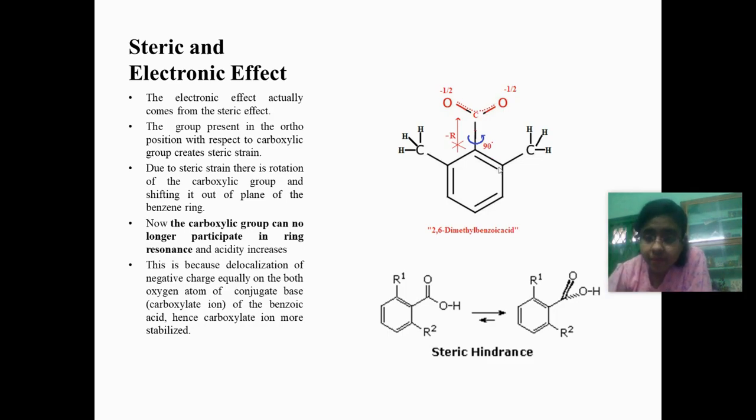Now, due to the repulsion, before everything we know that benzene itself is a planar molecule. Due to planarity, all these substituents are in the same plane. Now, as there is steric crowding, the steric effect, they are changing their position. This is before.